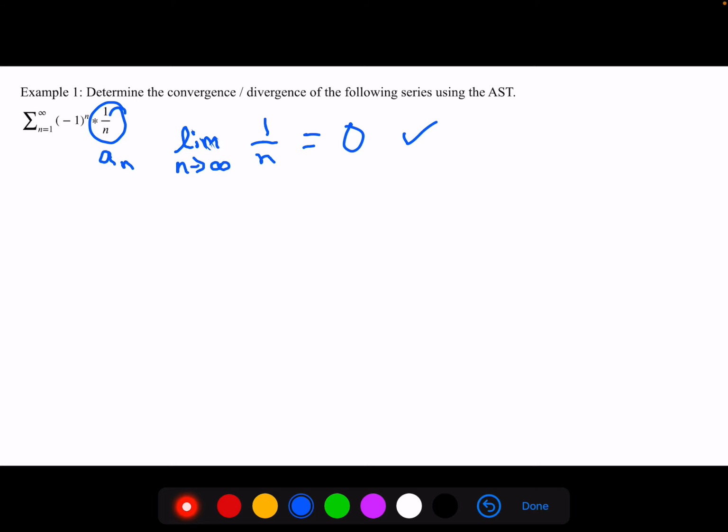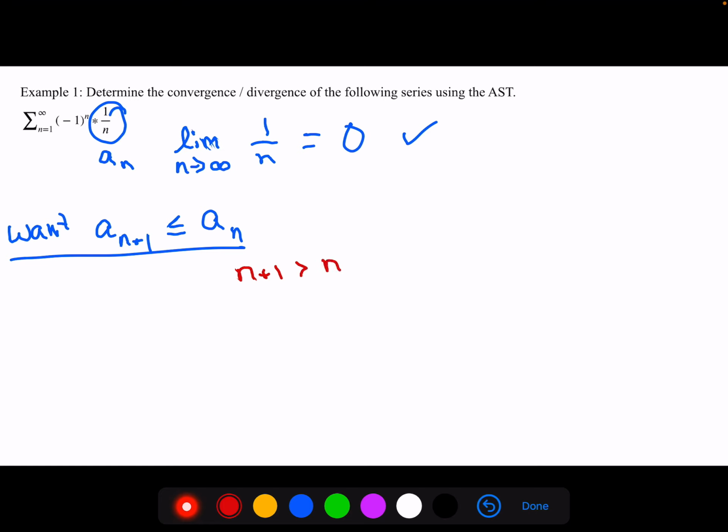Next, we need to look at whether or not our series is increasing or decreasing. So we want to compare a sub n plus 1, and we want that to be less than or equal to a sub n. So notice, we know that n plus 1 is greater than n.